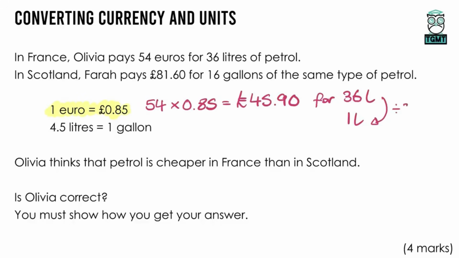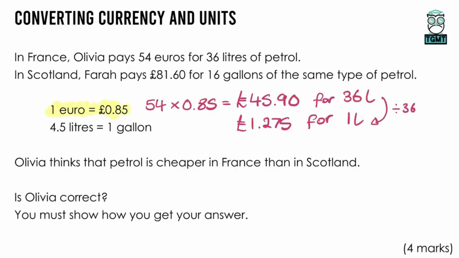So to get there, we just divide by 36, so £45.90 on the calculator, divide by 36, it is 1.275, or £1.27 and a little bit extra. I'll leave the 5 in there just in case our next one comes out as £1.27 with a little bit extra as well, just in case they're really close.